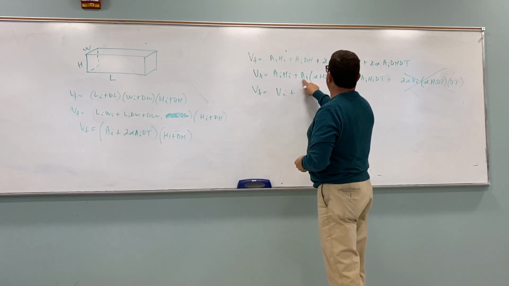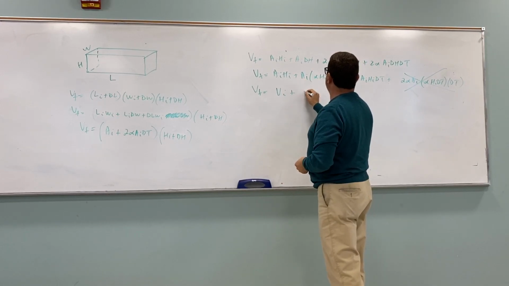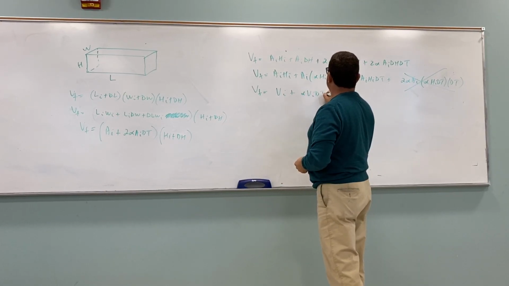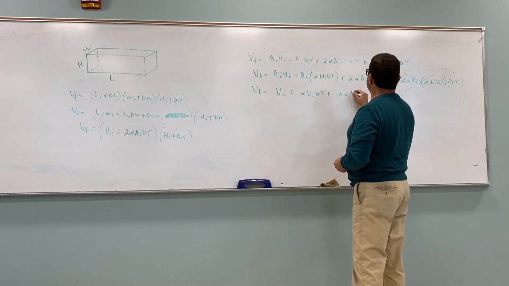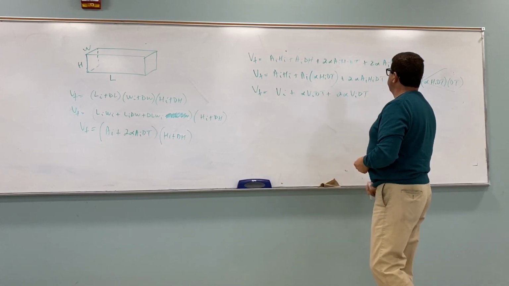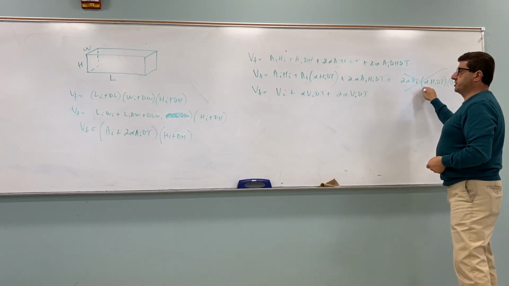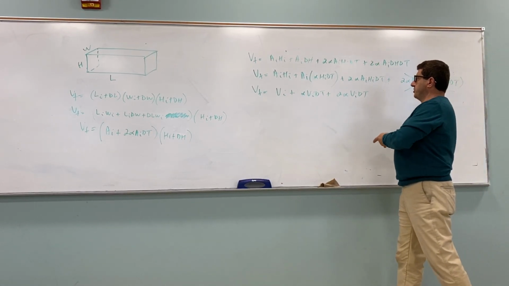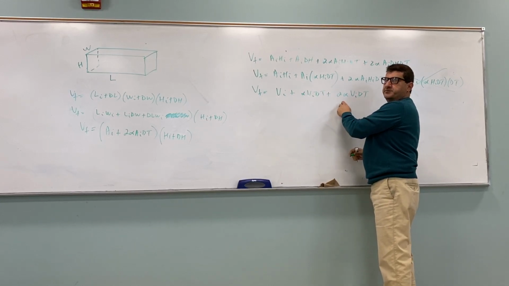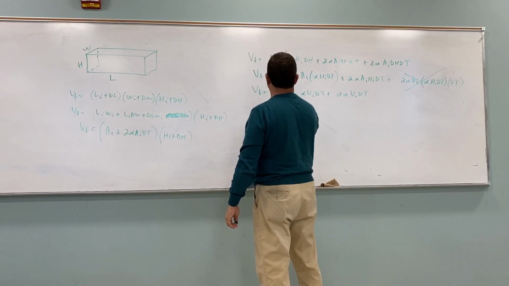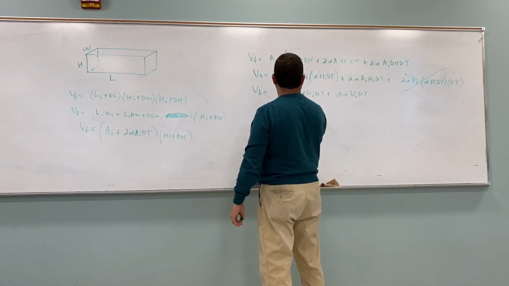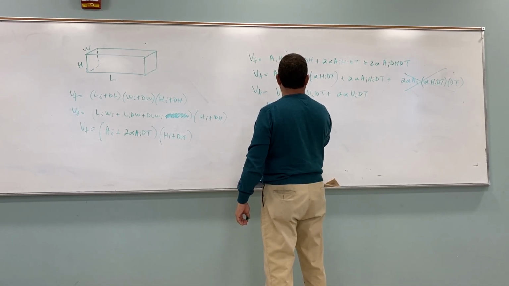And then this one, A initial, H initial, again, volume initial. And then 2 alpha, A initial, H initial, volume initial. And then we ignore that. And then lo and behold, you get the 3 alpha. Let's see. So V final minus V initial is delta V, 3 alpha, V initial, delta T.